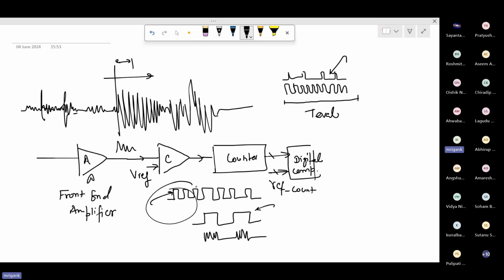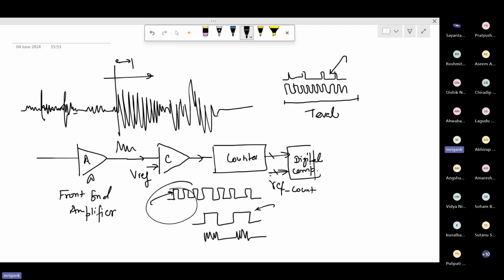So here, what I said is we are going to have a digital comparator which is going to compare the counter output with a reference count, but it has to compare after a certain period, and then after that period, what do you need to do? You need to reset the counter, right?